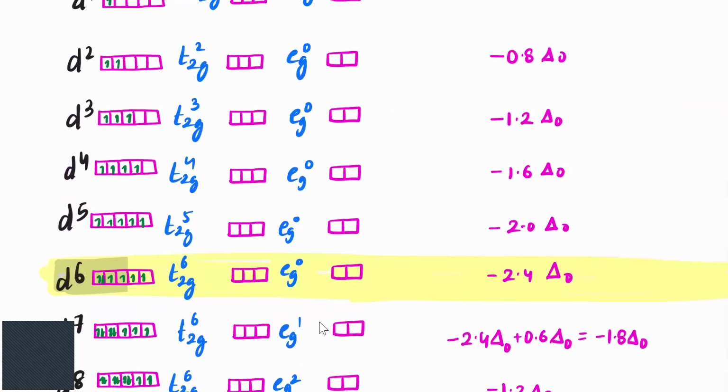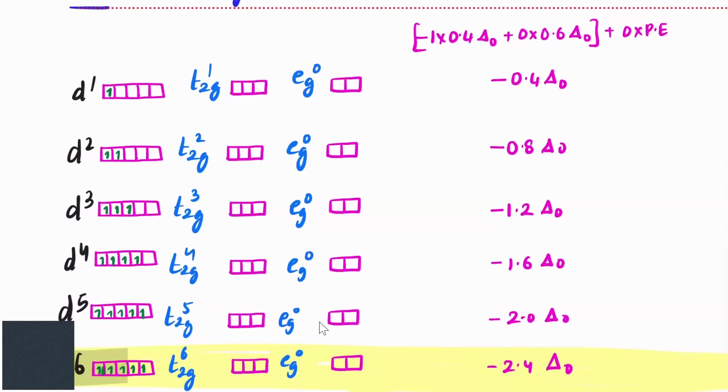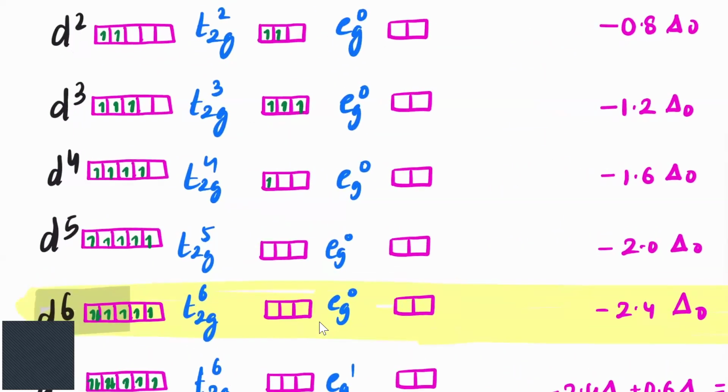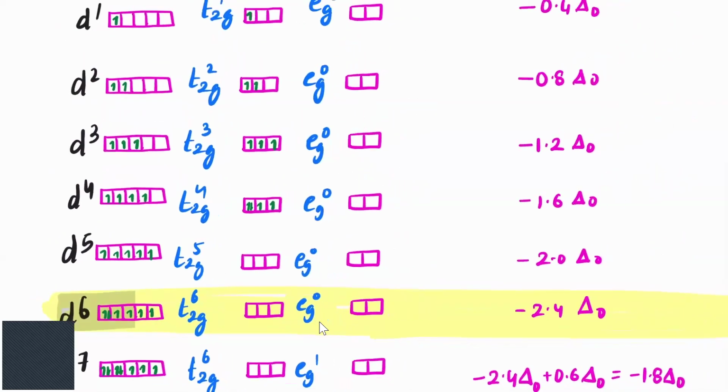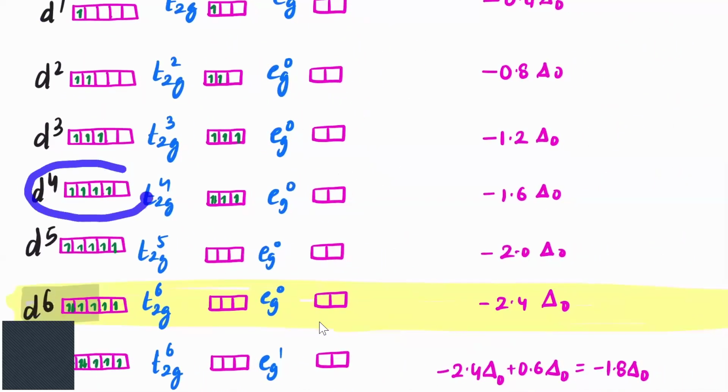So, please notice this one. So, here also, I'm putting one electron here. So, first electron goes here, second electron goes here, third electron goes here, fourth electron, please check it out. There is a new pair. Please compare carefully, everybody. Originally, there was no pair, but now there is a new pair, correct?